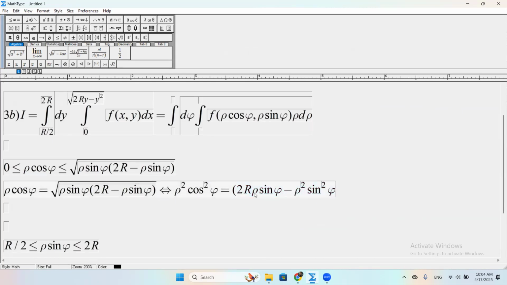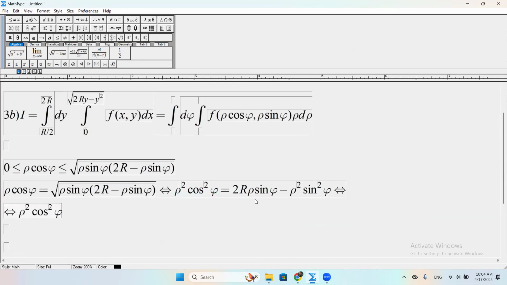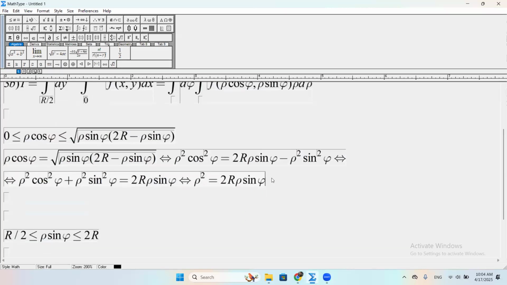And now let's simplify everything that we can simplify. We can move this stuff to the right part, and we receive the following. We have ρ square in the left part, and in the right part 2r ρ sine of φ.